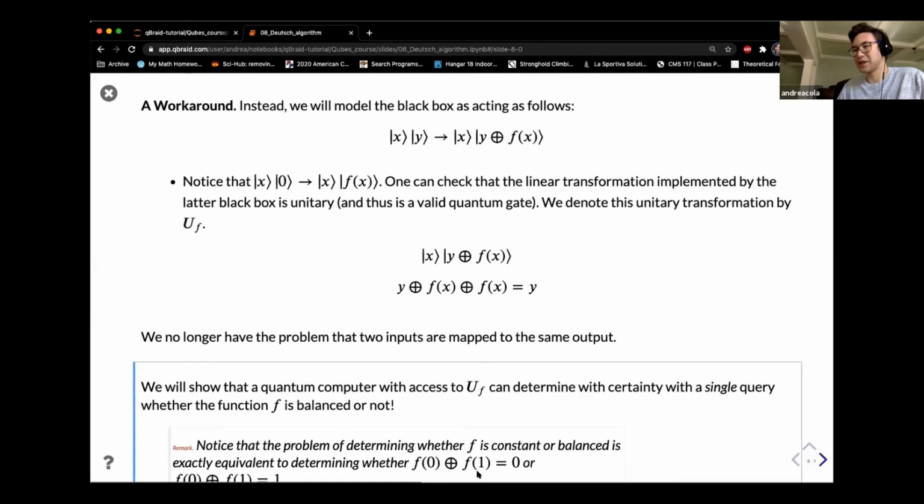Whether the two are the same, in which case it's 0, or whether F of 0 and F of 1 are different, in which case it's 1. So really, all that we want to determine in order to solve the problem is the value of F of 0 XOR F of 1. This is exactly what we want to determine, and we will do this with a single query to this unitary U sub F.